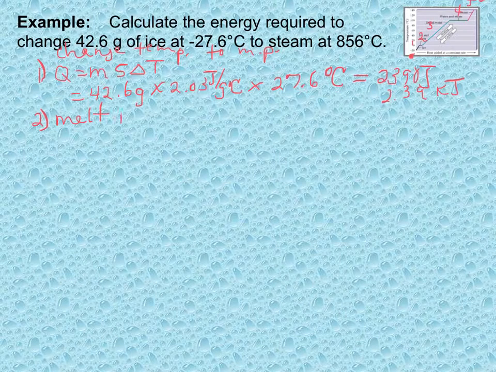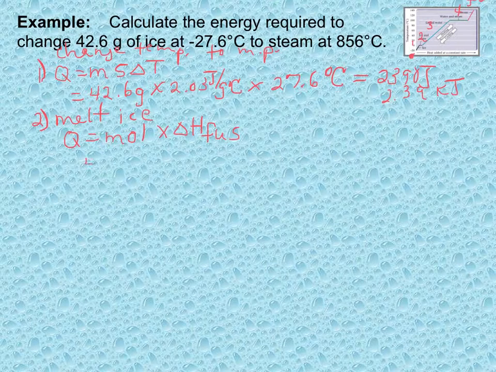Remember, that's a phase change. So the equation is Q equals, the energy involved is the number of moles times the heat of fusion for water, which we just learned in the previous slide here is 6.02 kilojoules per mole.